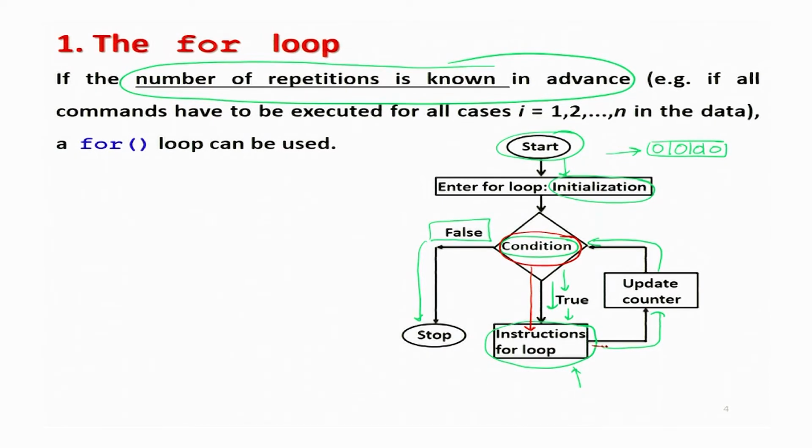After that, the control will move to the next student by updating the counter, and the next student's records will be taken as input, and then the condition for pass or fail is going to be checked, and based on that the instructions are going to be executed. This counter will be updated till we reach the last student, that is the 100th student, and as soon as the counter comes to 101, the condition will become false and the process will stop. So, this is the way the for loop works.